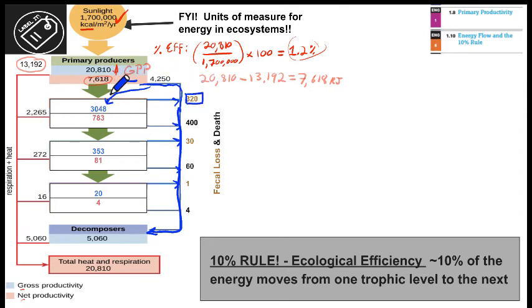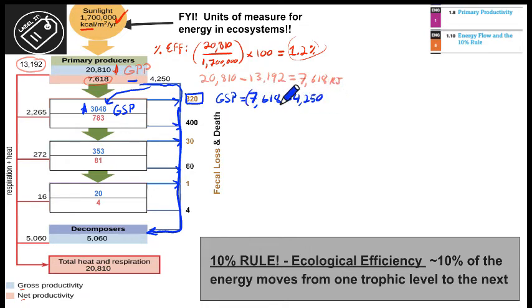So in order to figure out this number here, and this is going to be our GSP, gross secondary productivity, we have to subtract out any loss from death. So in this case, the GSP is going to be the energy that was there, 7,618, minus 4,250.